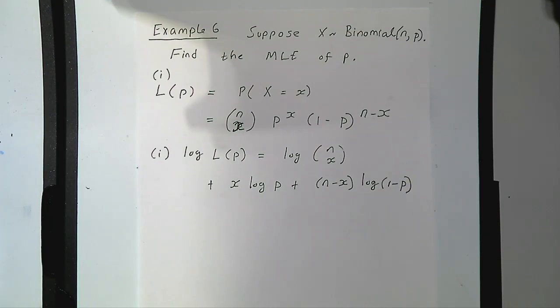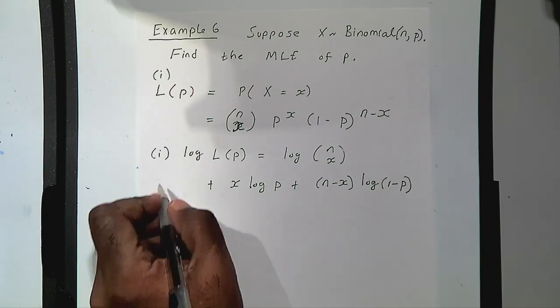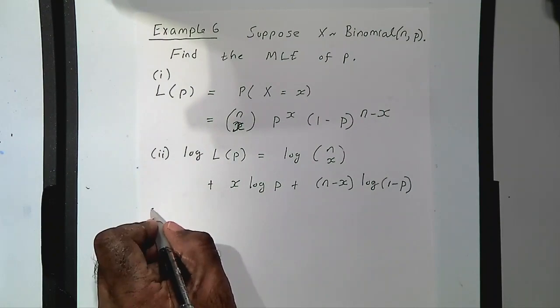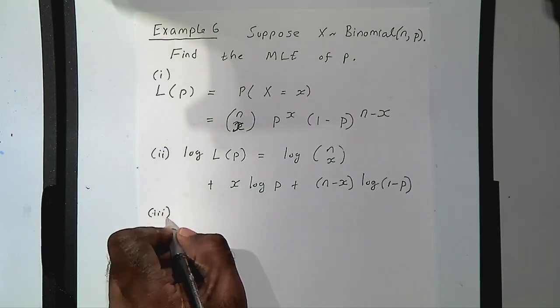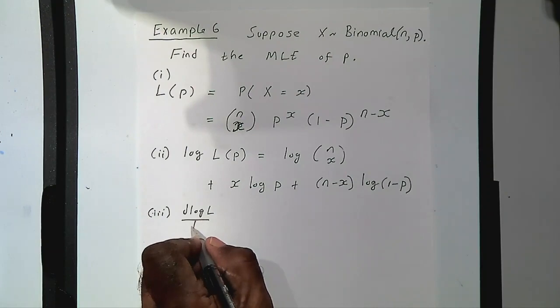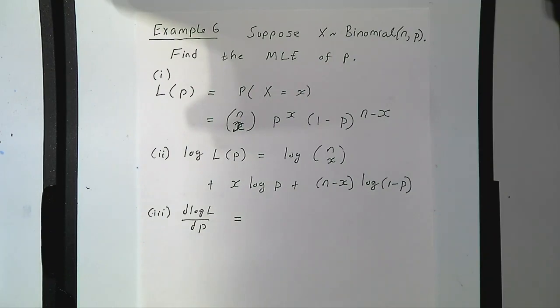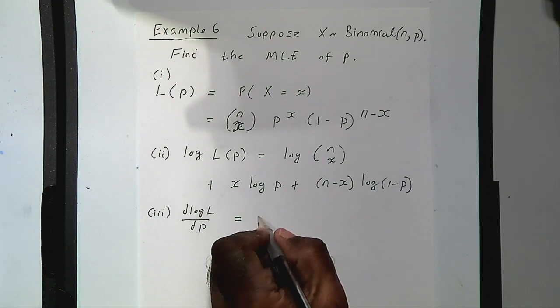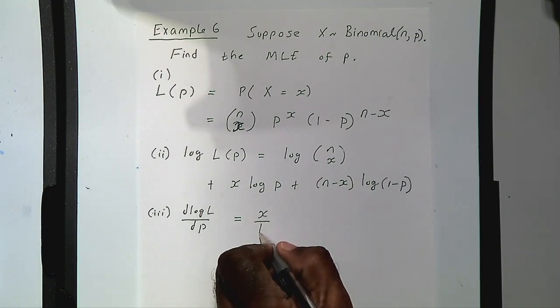Then you take the log of the likelihood function. This is step 2. Step 3 is to find the derivative with respect to p. So you get x divided by p.